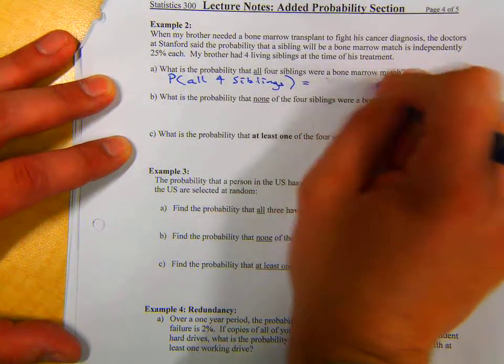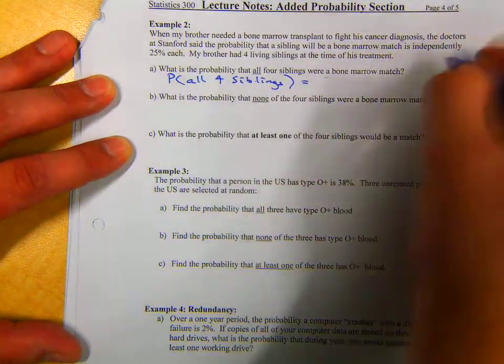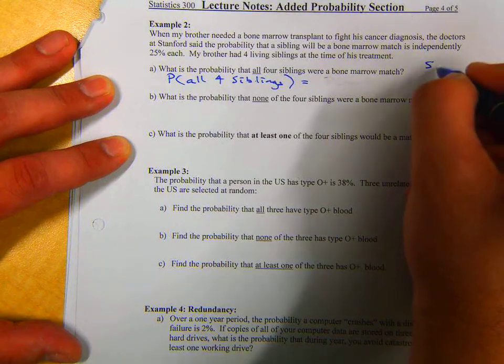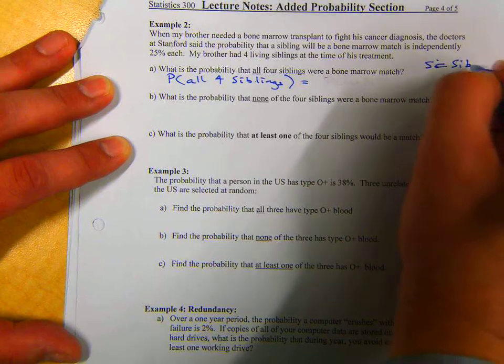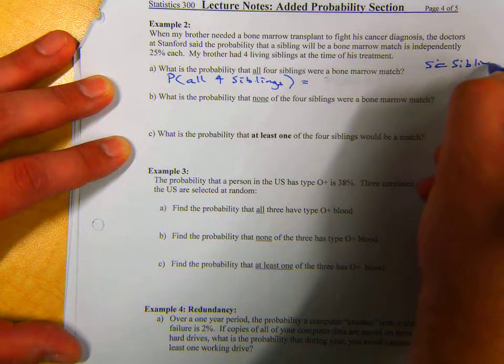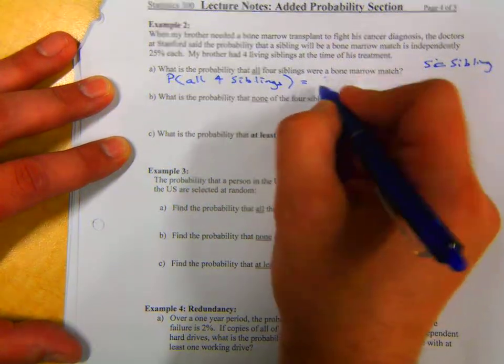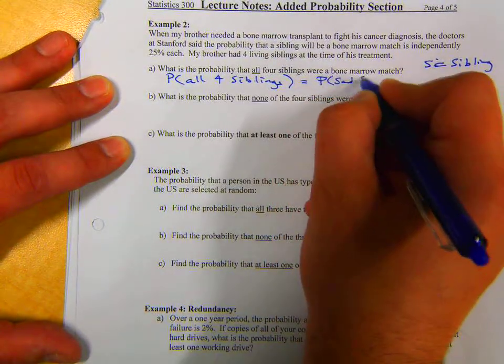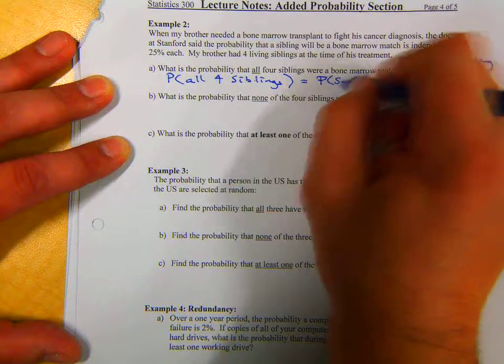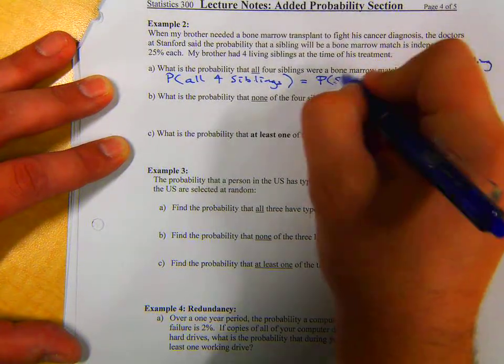I'm getting there. Hold on. Okay, sorry. I think I need an S. S equals sibling, if I can spell it. I don't know why I'm having a problem with spelling. So this would be the probability of S and S and S, and I'm going to start going with what Perry said, put that and symbol.